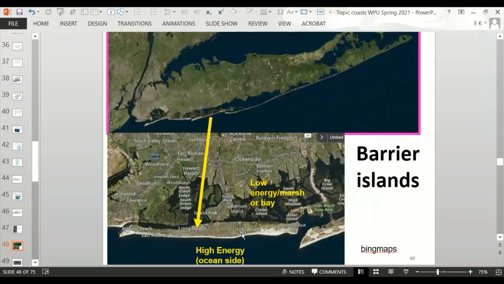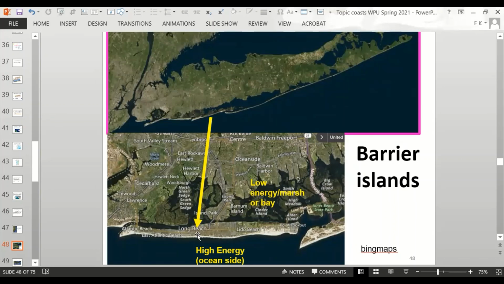Okay, and the south part of these barrier islands, that's all beaches. For example, Jones Beach, Long Beach, and then you have the bay side, right?